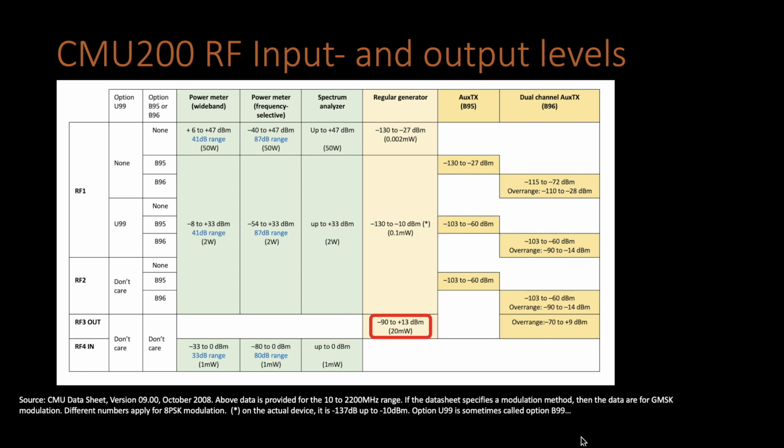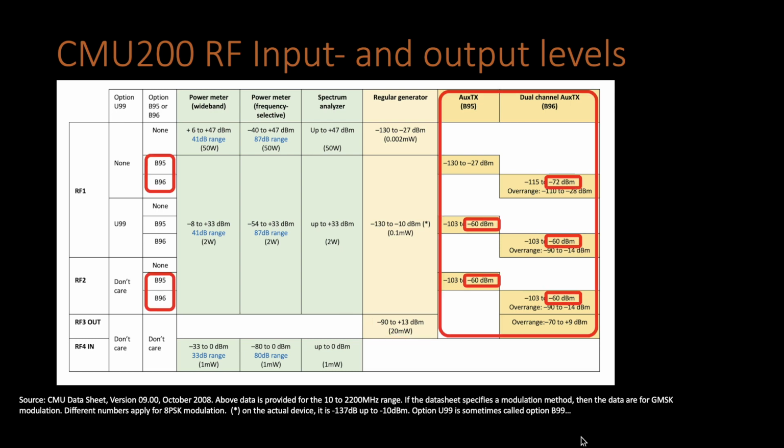Now, perhaps the last thing I want to talk about in the video is the additional signal generators in the device. They're called AUX-TX and the dual channel AUX-TX. When we use this as a generic device, we can basically use this to create a second carrier, apart from the first carrier that comes from the regular generator here.